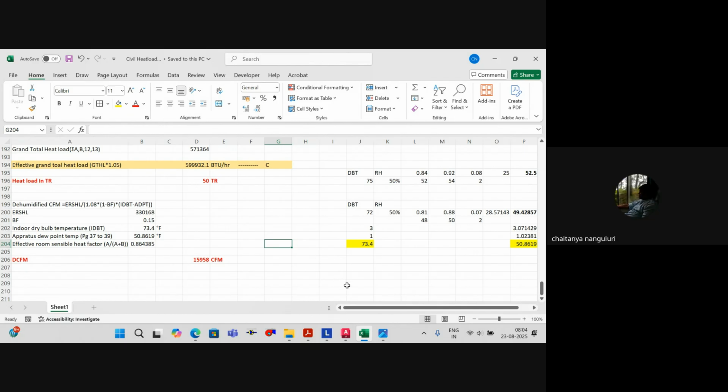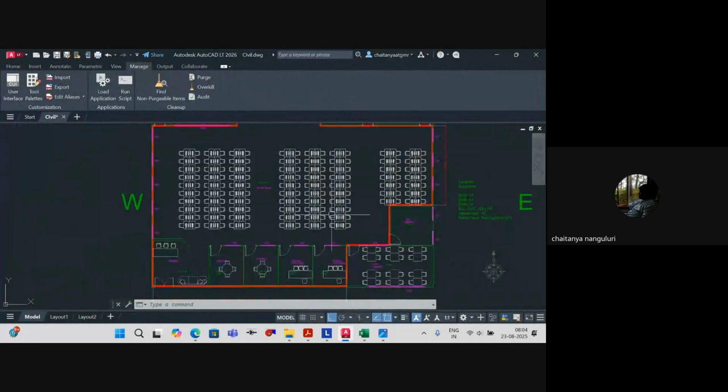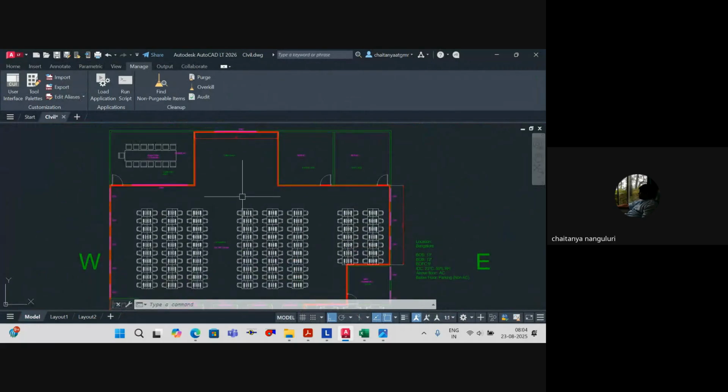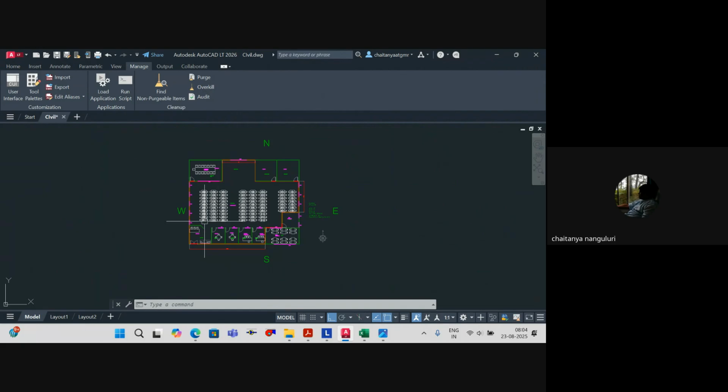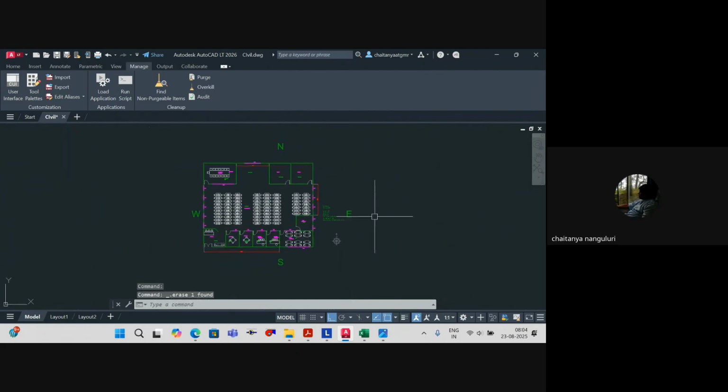Okay, fine. Then I'll share this Excel sheet, where the heat load is done. Over the same project we'll try to complete the remaining things, for example air distribution, VRF system, everything we will solve on the same project. Are you okay with this? Yes, sir. This is a bit practical itself, so not a problem.